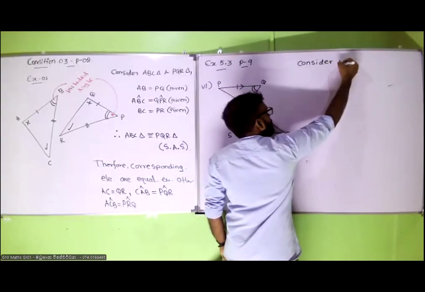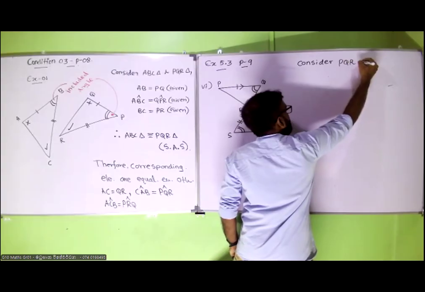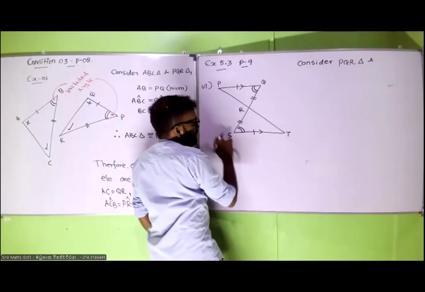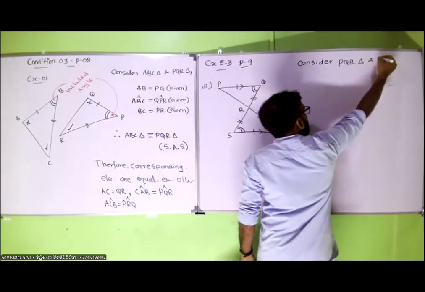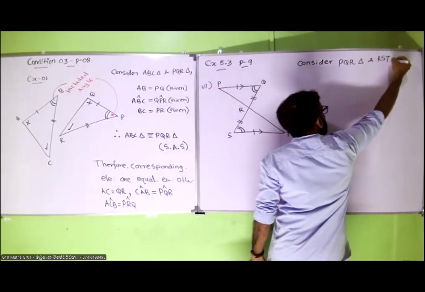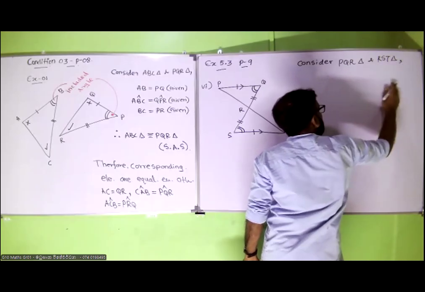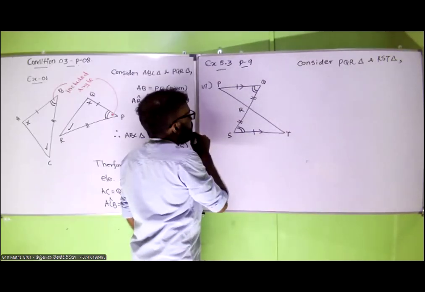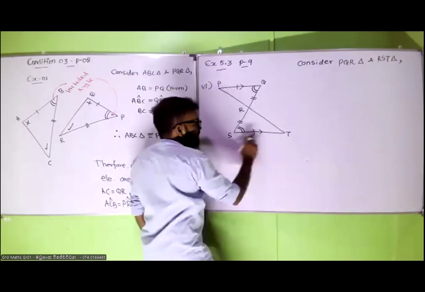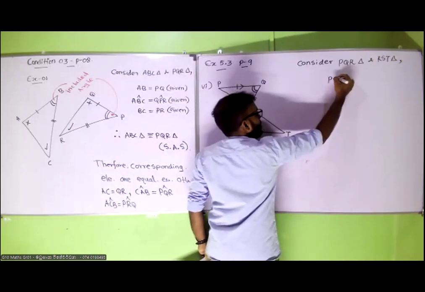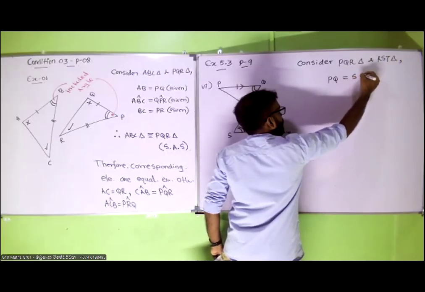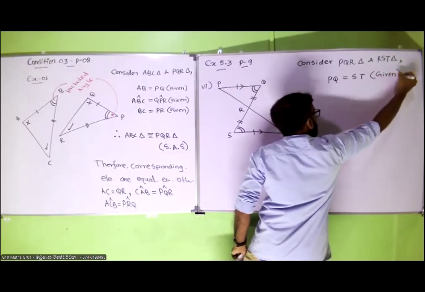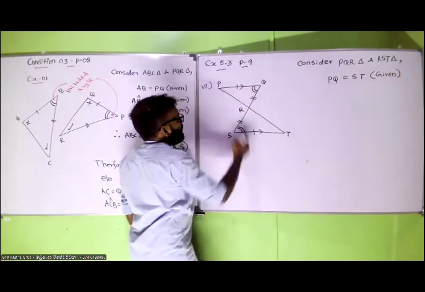So I can write, consider triangle PQR and triangle RST. I am writing somewhat fast, right? So side PQ equals ST. What is the reason? They have given. What is my angle?